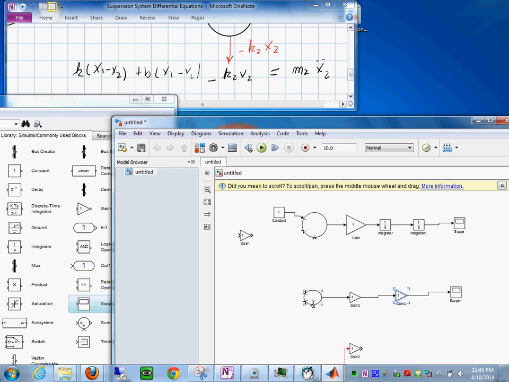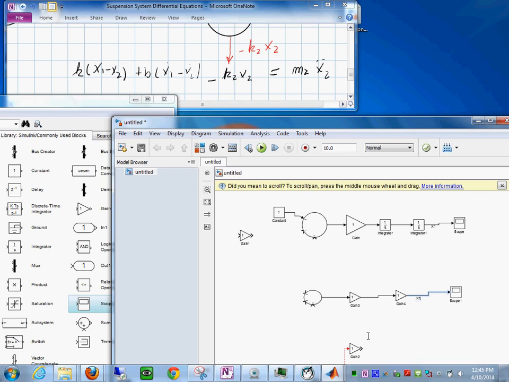Okay. We need to look at x1 and x2. This one has to be x1 and x2. In here, this is x1, but the other one down here, yeah, this is x2.